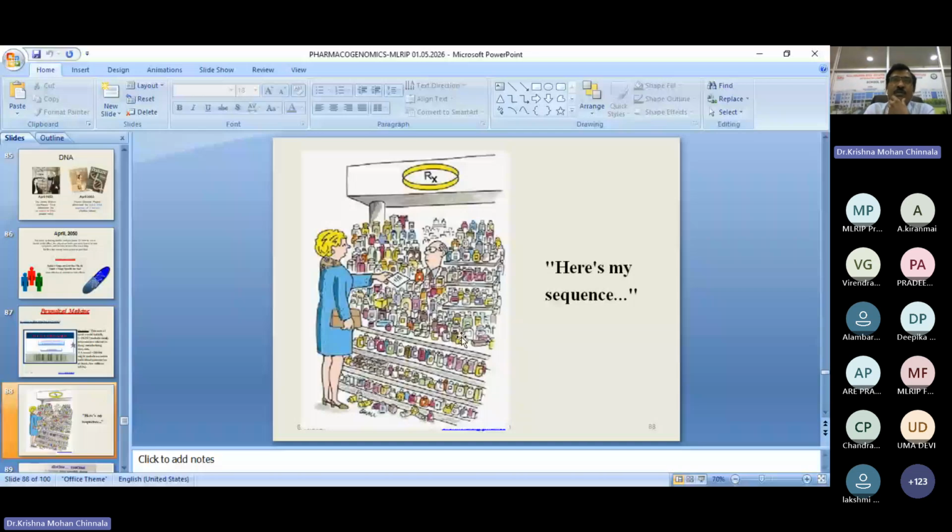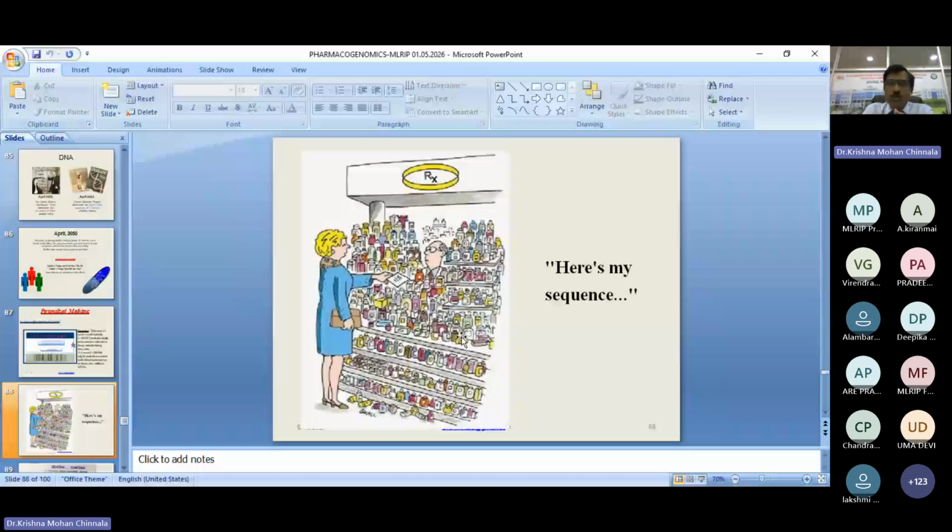So if you have thorough knowledge of pharmacogenomics as a pharmacist, you can impart the knowledge to the doctor and patient. You can work as a connecting link between these two people, because the doctors may not have that much information about pharmacogenomics, and the patient also, right?